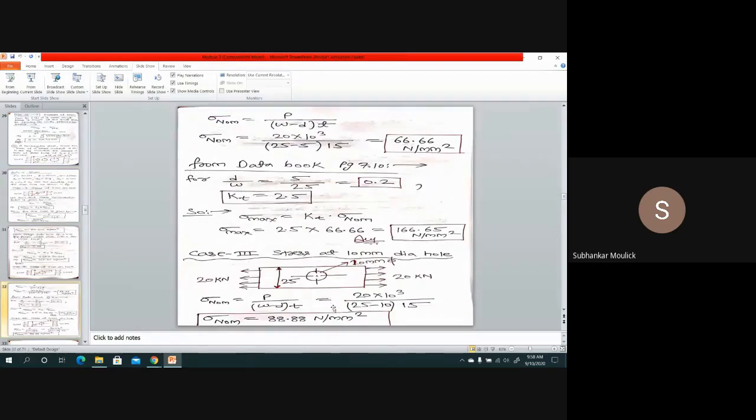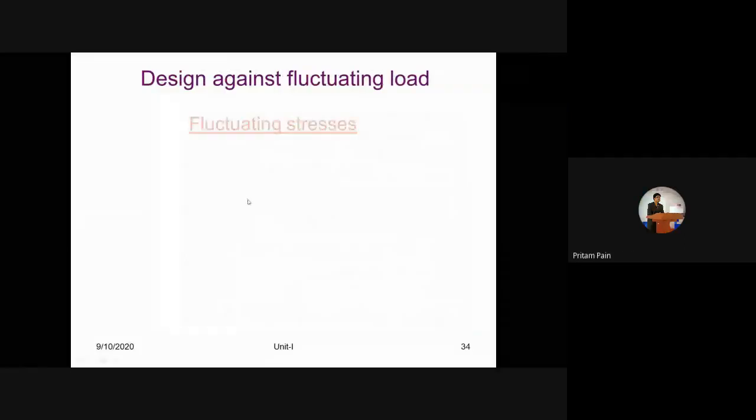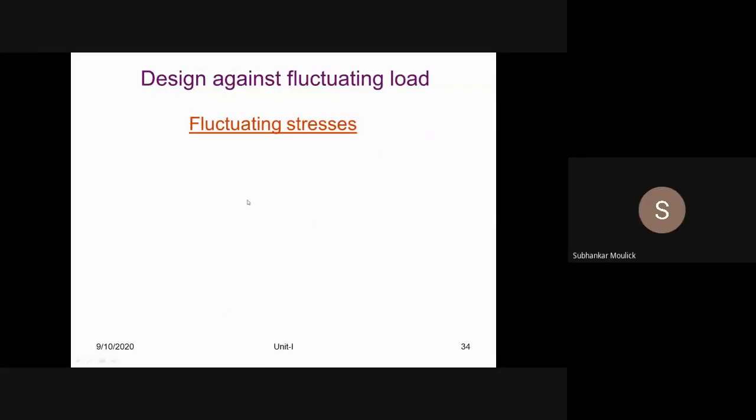So now can you tell me, in industry, is any mechanical component designed for static load or for fluctuating load? Sir, for fluctuating load. Yes, because it is not necessary every time that the load acting on the machine member is static in nature. For example, your four-wheeler vehicle. In a four-wheeler, many mechanical components are present.